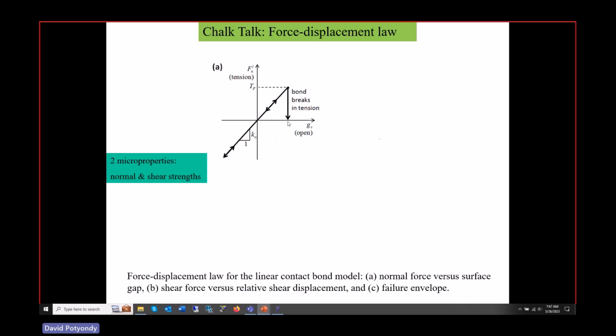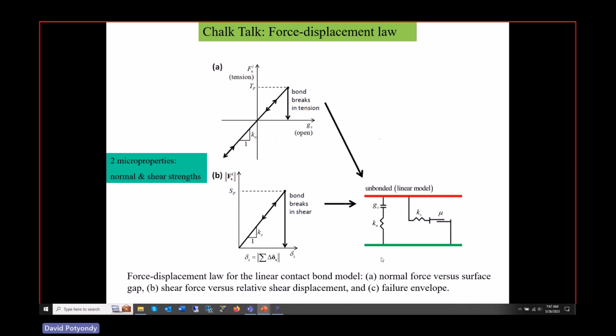When a gap opens up, I start getting tensile force, and then it breaks. In shear, it loads up at KS and reaches a point, boom, and it breaks. When it breaks, it reverts to the linear behavior with the friction coefficient.